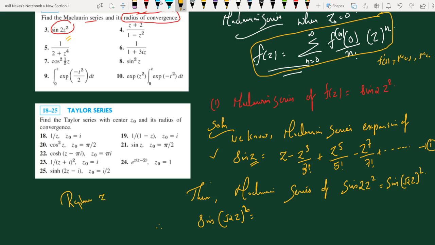Replace z by root 2z in equation number 1.